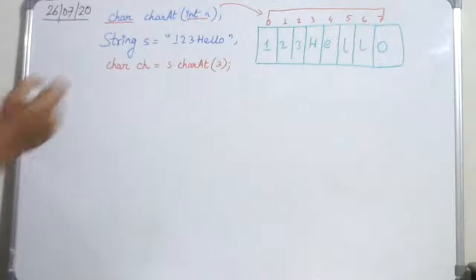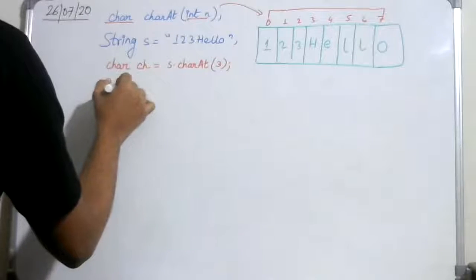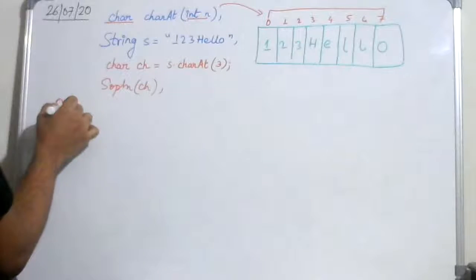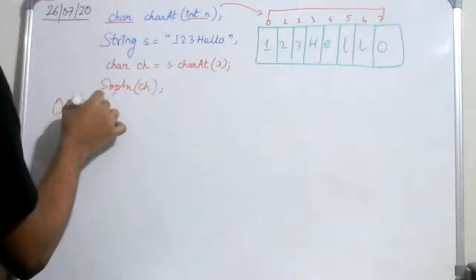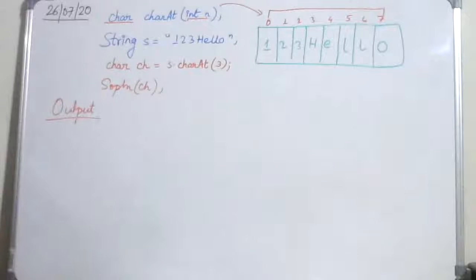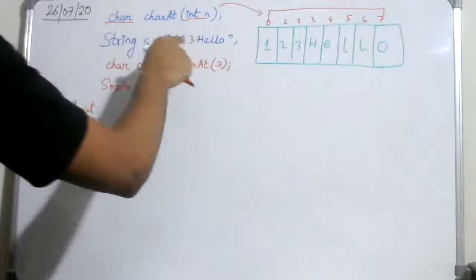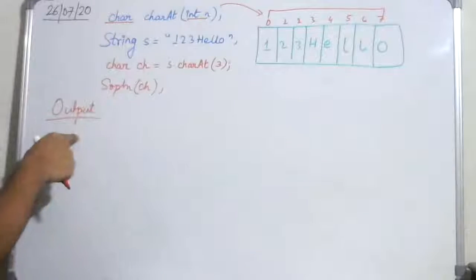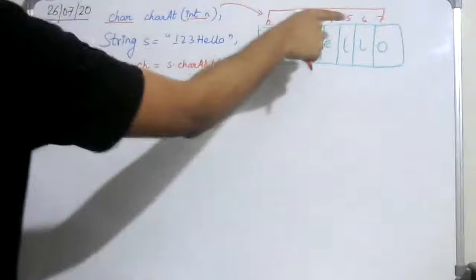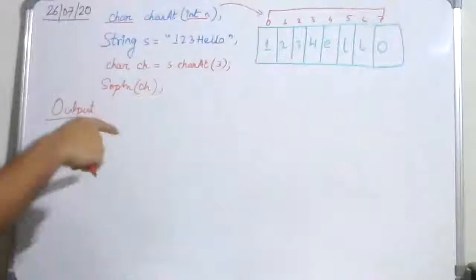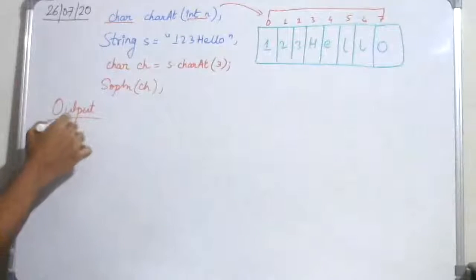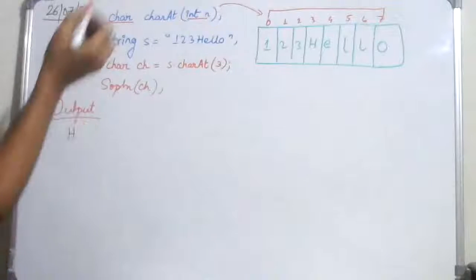What happens when I display System.out.println ch? What will I get as an output? If you normally count the values 1, 2, 3, I should get 3 as the output. But in case of array indexing, since it starts from 0, at the third location I'll have h. So my actual output will be h and not 3.